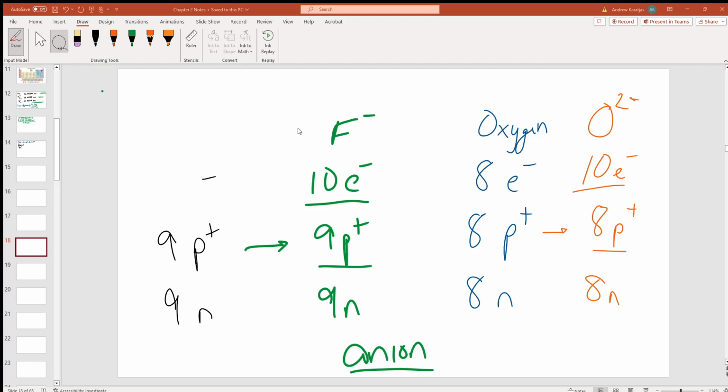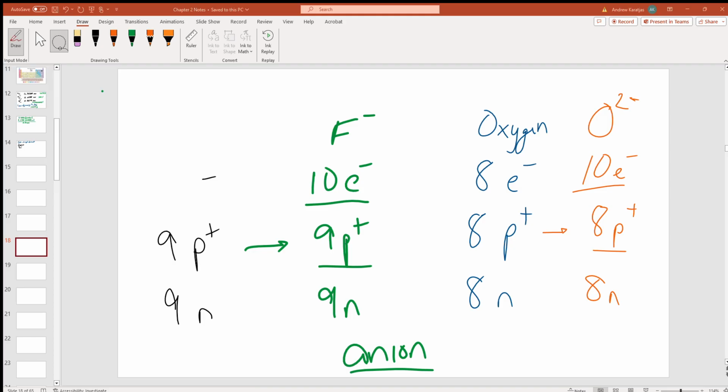So what if we lose electrons now? So this is something that we commonly see in an element like sodium. Sodium has atomic number 11, which means it's 11 protons, 11 electrons, and with an average mass of about 23, that means sodium will have 12 neutrons.